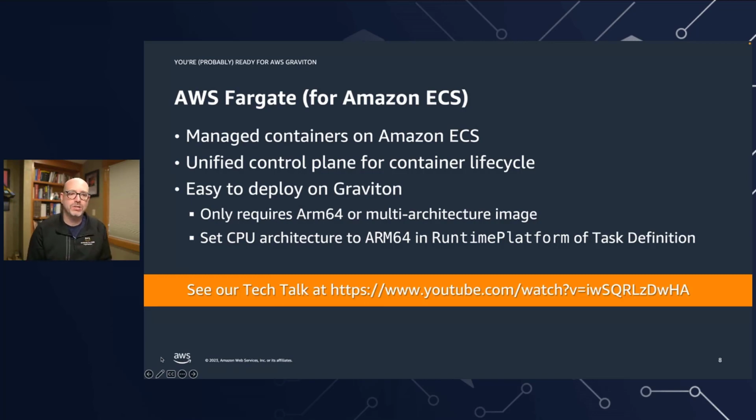And in that task definition, to run on Graviton, all you need to do is specify a CPU architecture of ARM64 in the task definition's runtime platform attribute. This runtime platform attribute defaults to x86, but you can simply declare ARM64 instead. And when you do that, your containerized application will run on Fargate for Graviton instead.